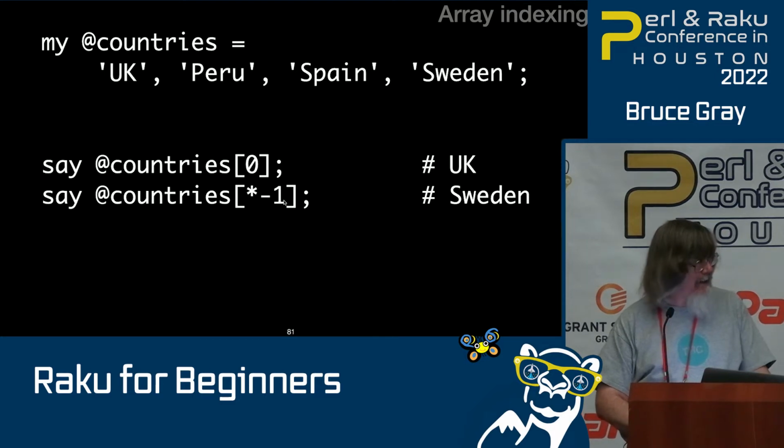If you want to access part of it, just like Perl, we're using square brackets as the indexer. In this case, single elements. One change from Perl: if you are indexing backwards from the end, in Perl you just say -1, -2, and in Raku, you have to put a star. I'm not going to go into why that is.